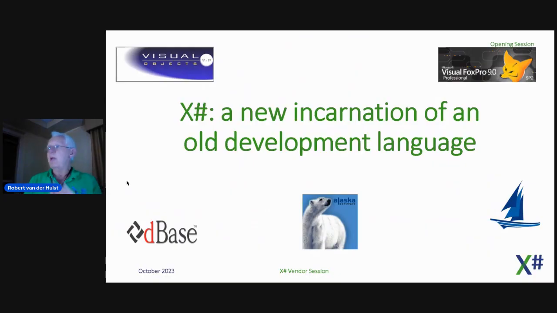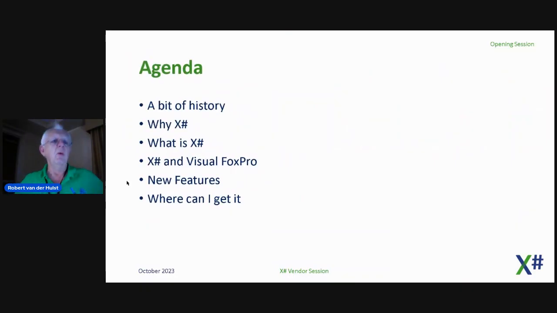Okay, what is XSharp? XSharp is what we call a new incarnation of an old development language. Just like most of you, I started in the 80s developing applications. My first application was done with DBase, and later on I discovered Foxbase.